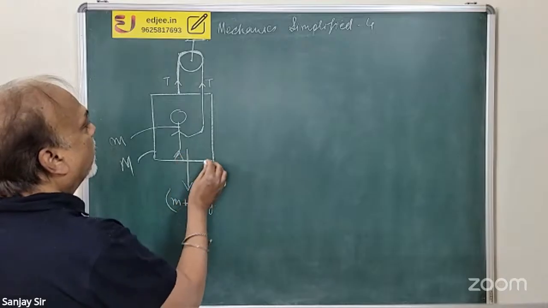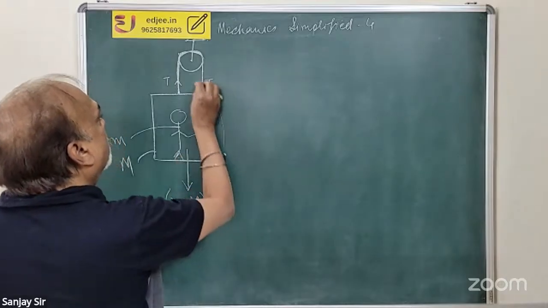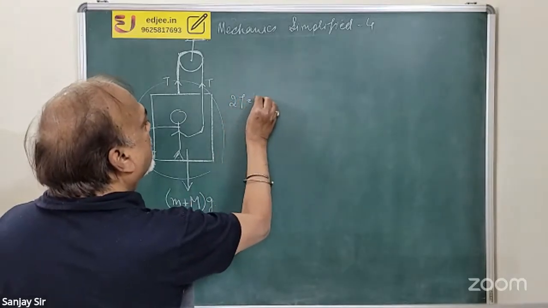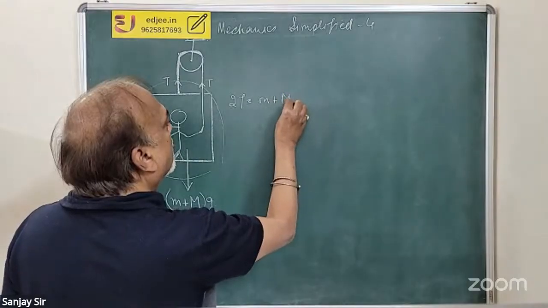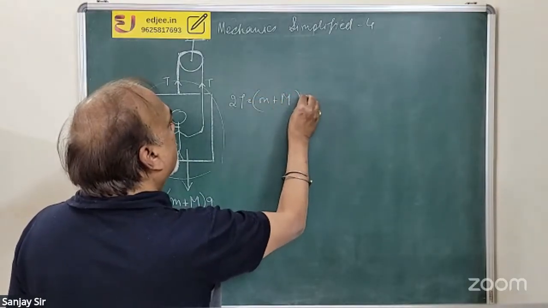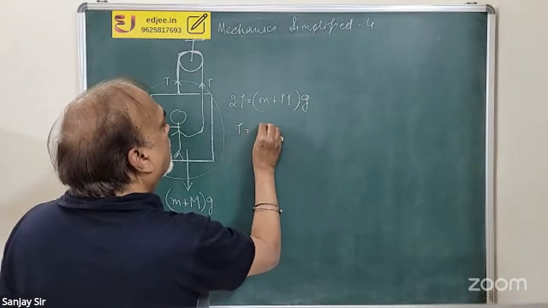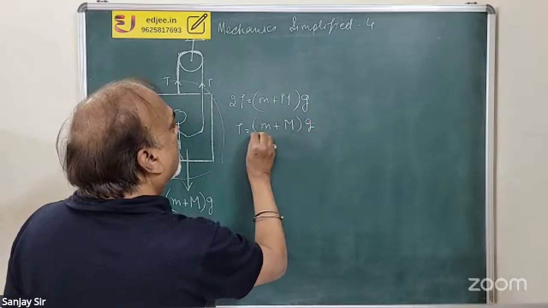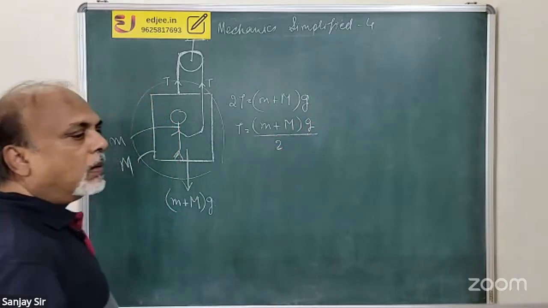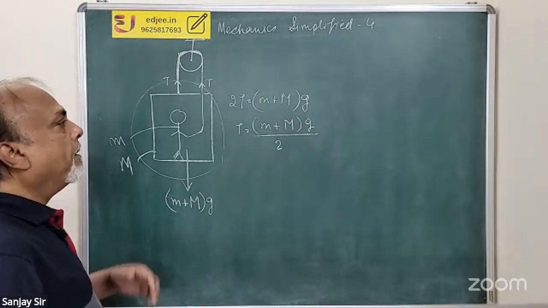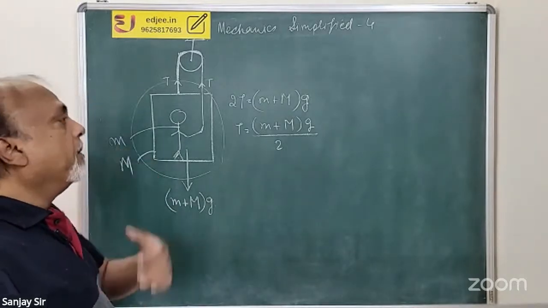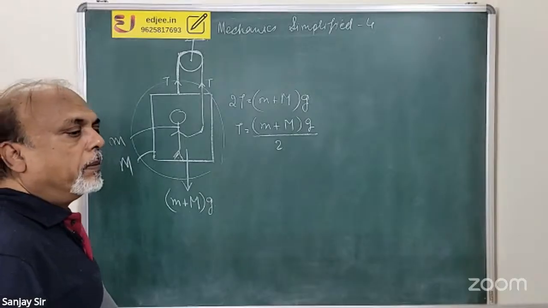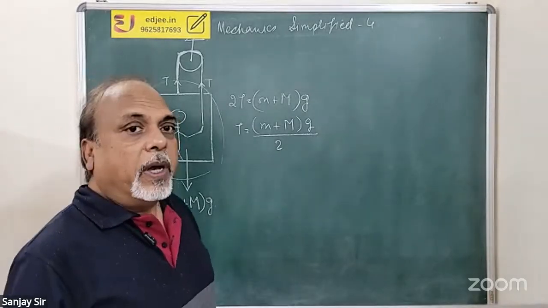Correct. Because we have taken it as a system. So 2T is nothing but (M plus m)g, or T is equal to (M plus m)g by 2, correct.